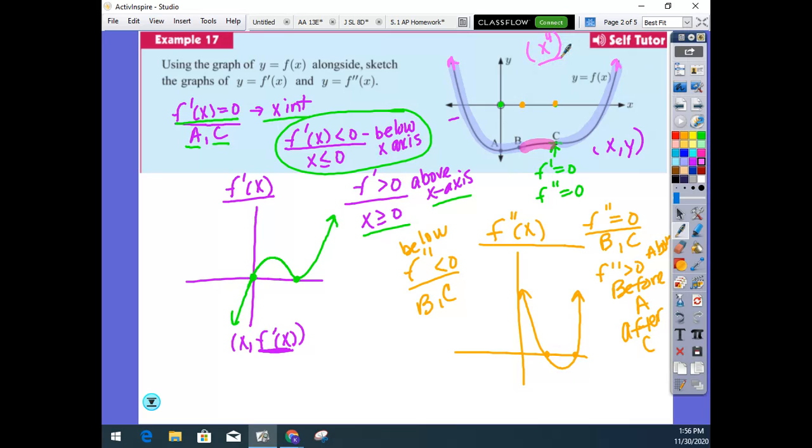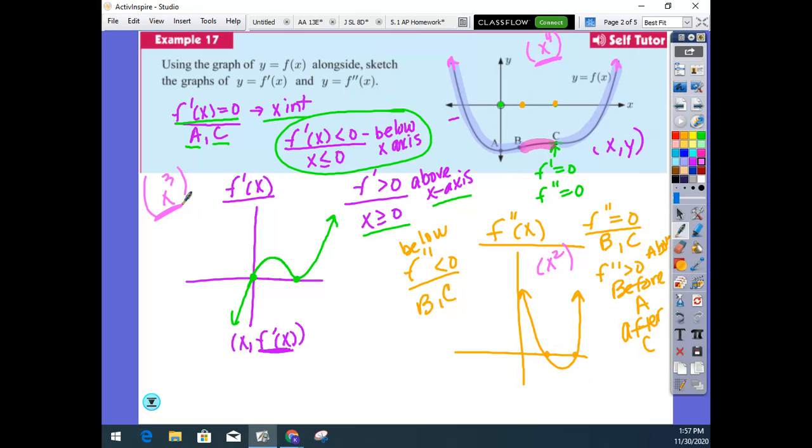Think about what's the derivative of x to the 4th. See how this is roughly an x to the 3rd shape? And what's the derivative of x to the 3rd? This is roughly an x squared shape. So sometimes you can use your general degrees to help out with your graphs as well. Kind of find those main points.